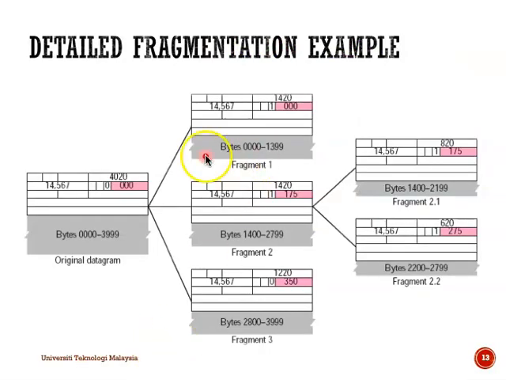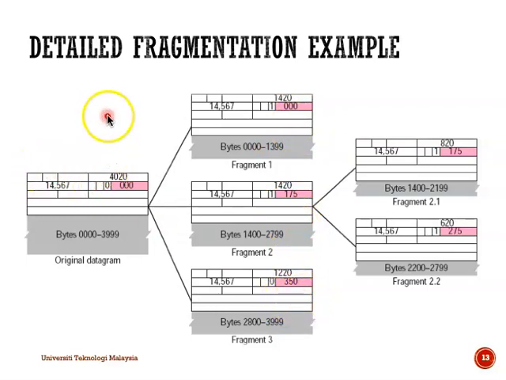This figure shows an expanded view of the fragments in the previous figure. Notice that the value of the identification field, for example 14,567, is the ID. It is the same for all of the fragments. Also the value of the offset is shown here: 0, 175 and 350.